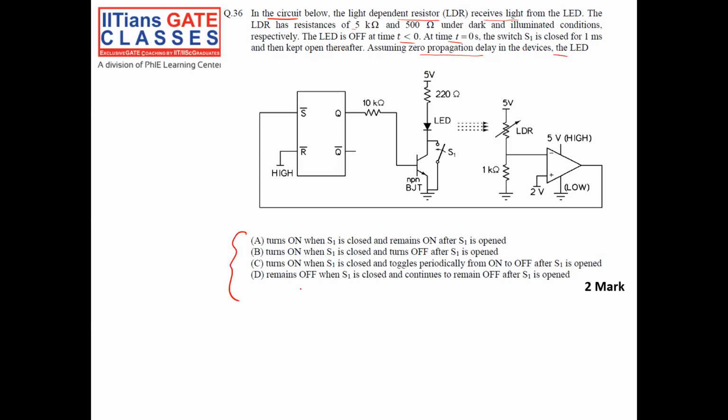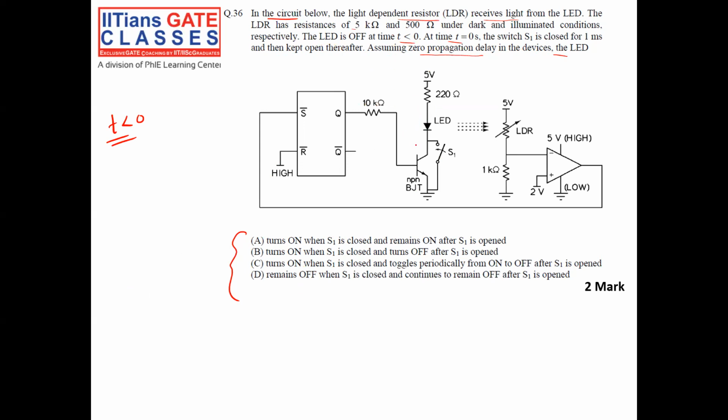So what it is asking is the condition of the light after the switch is opened. What is it telling? When t is less than 0, the LED is off.